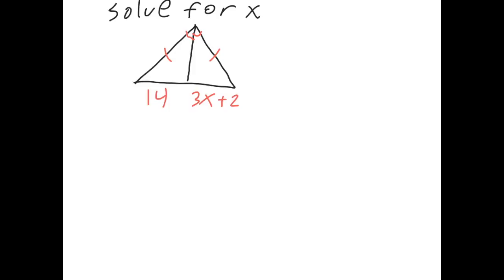And we learned before that if it cuts the vertex angle as an angle bisector, it's also a median and it's also an altitude. So it's also a right angle here. And also, these two sides are equal to each other.